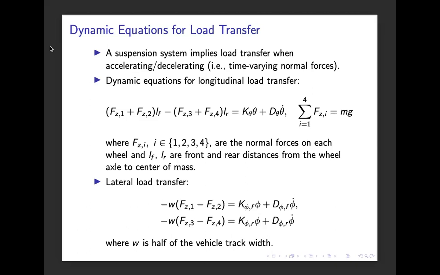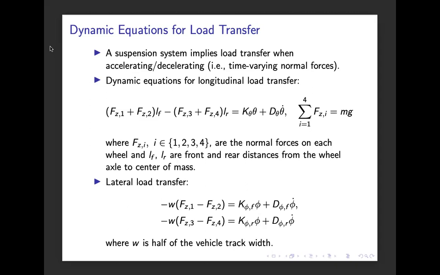But there will be time-dependent changes in how much normal load is on the respective wheel. For example, for the longitudinal load transfer in the pitch direction, we can use the expression that we introduced on the previous slide with the stiffness and the damper to make a relation between how the normal forces vary, and they need to satisfy both this expression and this expression.